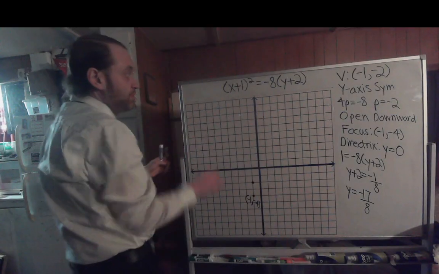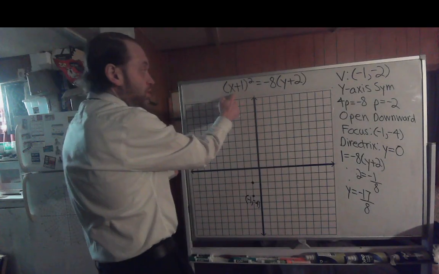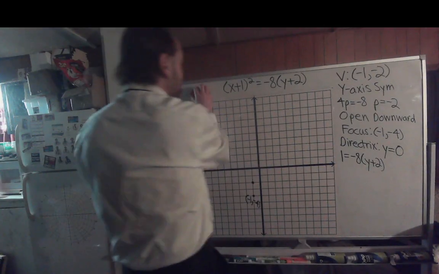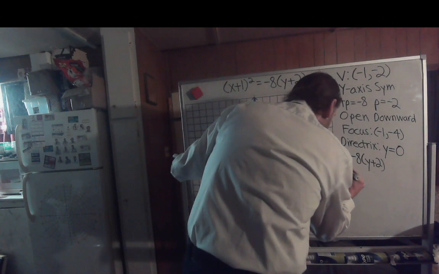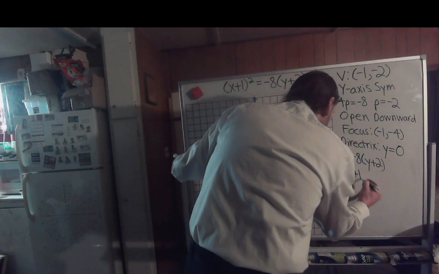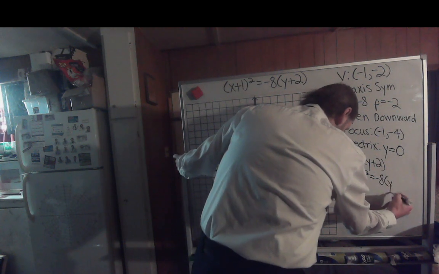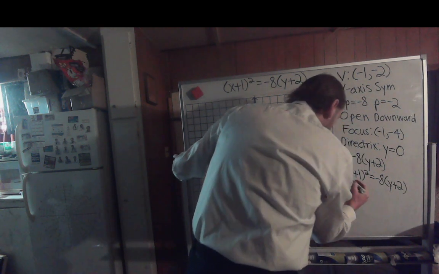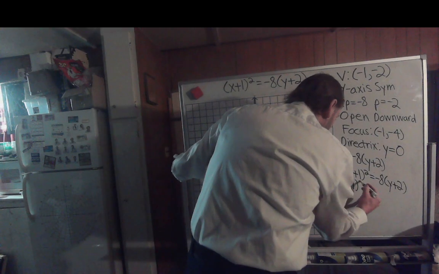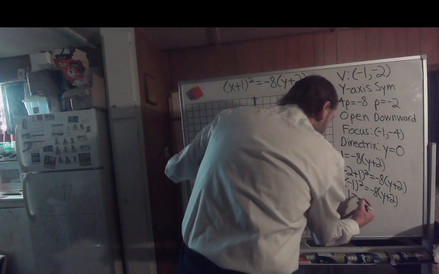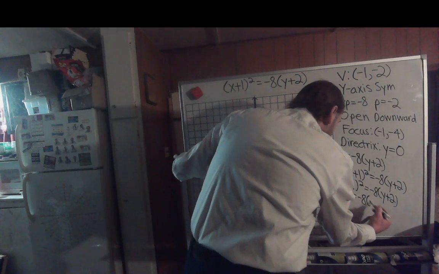Now let's say I pick x equals -2. -2 plus 1 is what? So if x equals -2, let's put that in. (-2 plus 1) squared would equal -8 times (y plus 2). Well, that would give me (-1) squared equals -8 times (y plus 2), which means 1 equals -8 times (y plus 2).